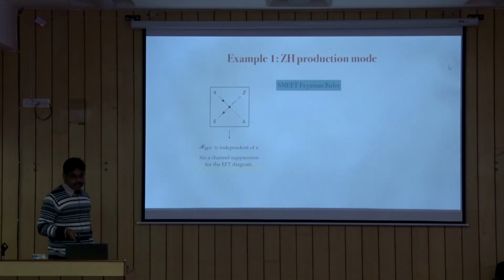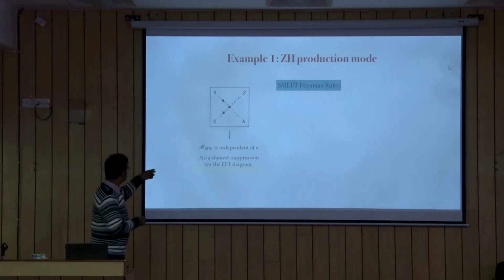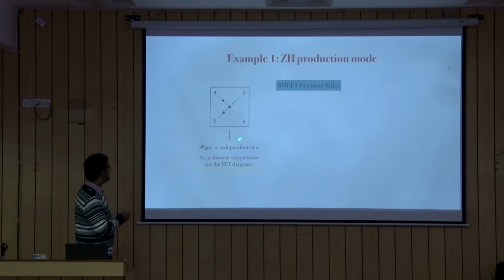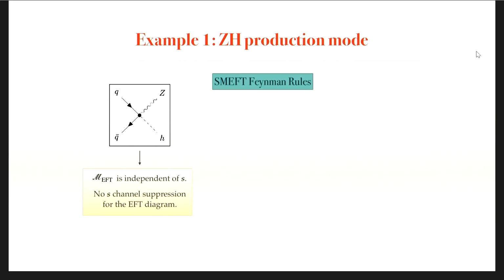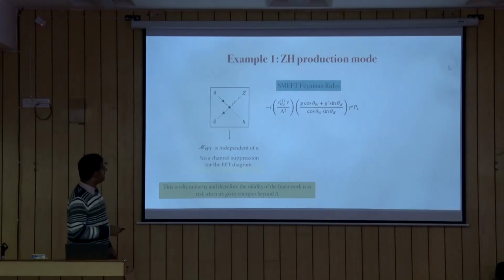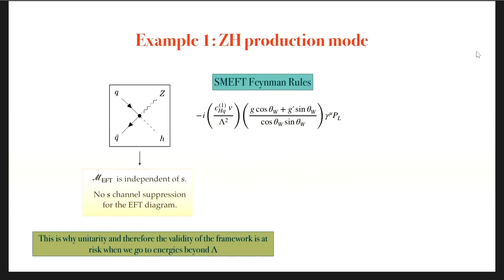Interestingly, this matrix element, if you calculate, will be independent of s, so there is no s-channel suppression for this EFT diagram. And if you want to write the Feynman rules for this kind of graph, it will look something like this, with this coefficient of C1HQ by lambda squared.